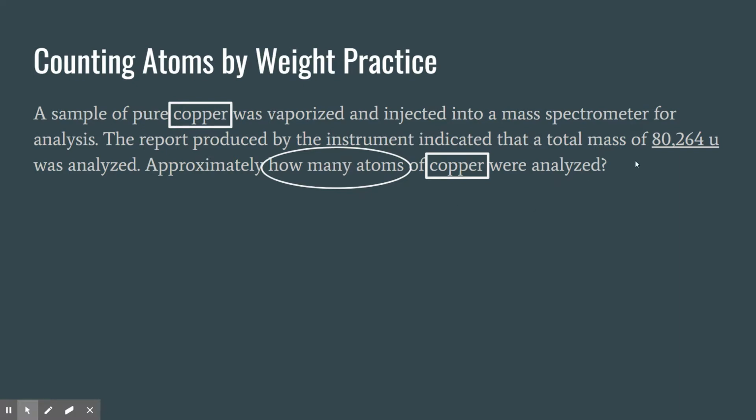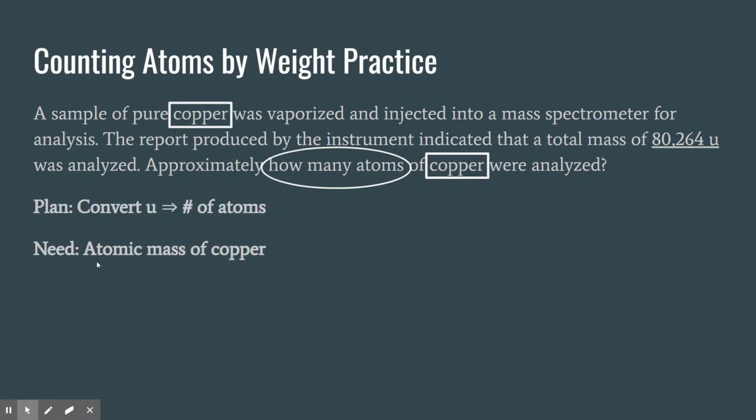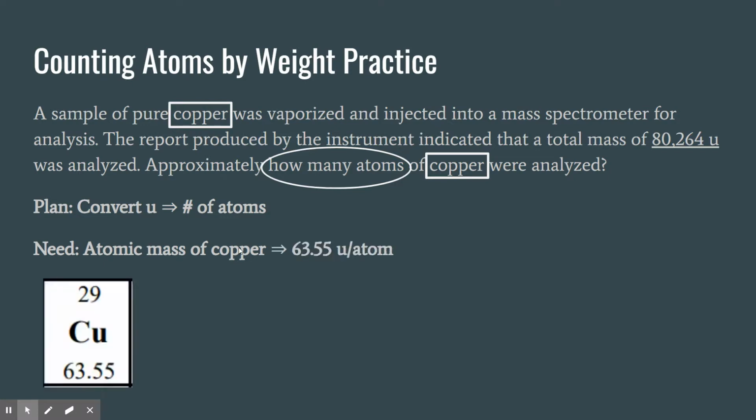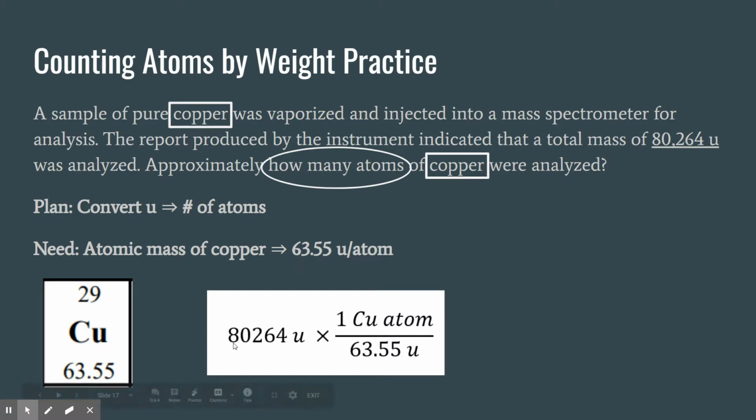And then I'm going to outline my plan. I need to go from atomic mass units to atoms. To do that, I'm going to need the atomic mass of copper. So I can go to the periodic table and find the atomic mass of copper. One atom of copper weighs 63.55 atomic mass units. So I can do my dimensional analysis. 80,264 atomic mass units is what I have total.